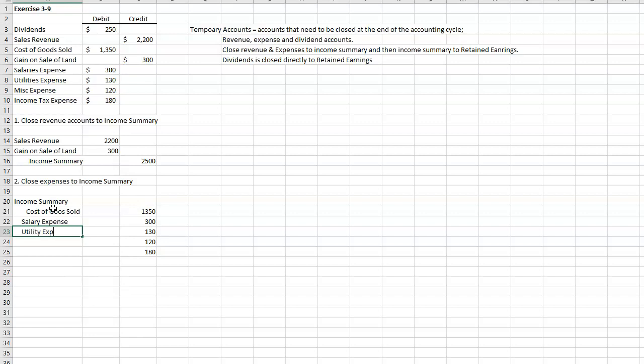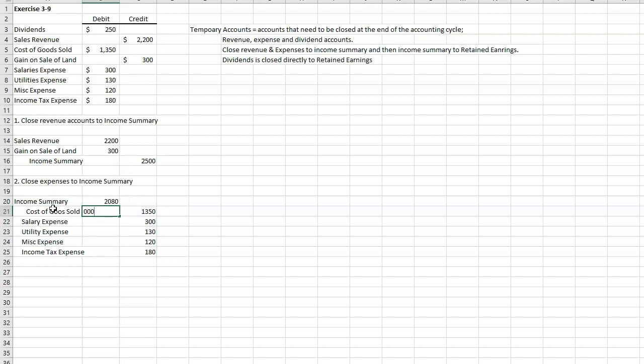Utility expense. Miscellaneous expense, and income tax expense. All right, then I go back to the debit for income summary, and I add up all those expenses to get my total expenses.